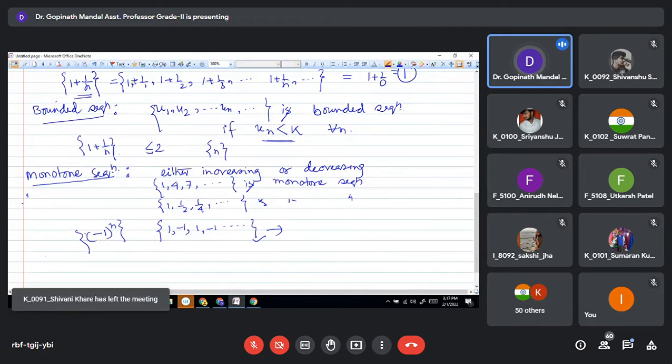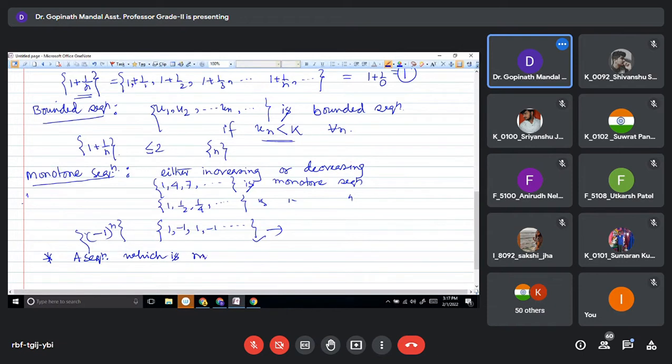There is a theorem. The theorem is: a sequence which is monotonic and bounded is always a convergent sequence.